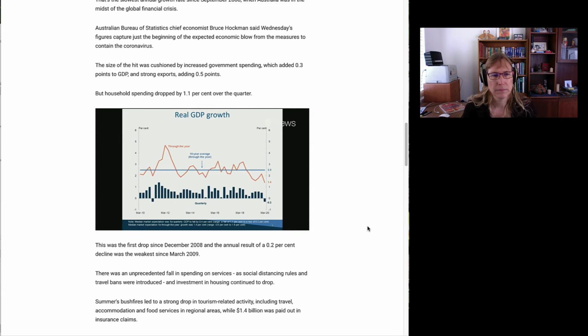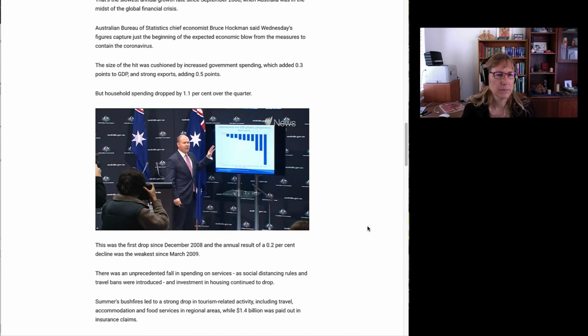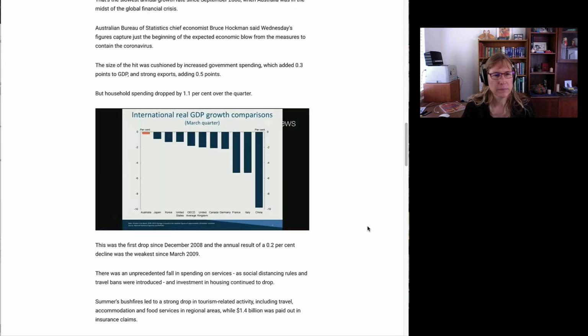Next slide. This is the global comparison. This is a very powerful and relevant chart. At 0.3%, we compare to Japan at 0.9%. Korea, a little bit higher. The United States, as I said, at 1.3%.